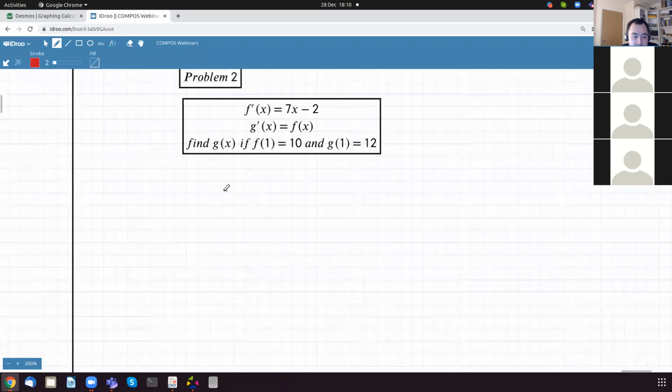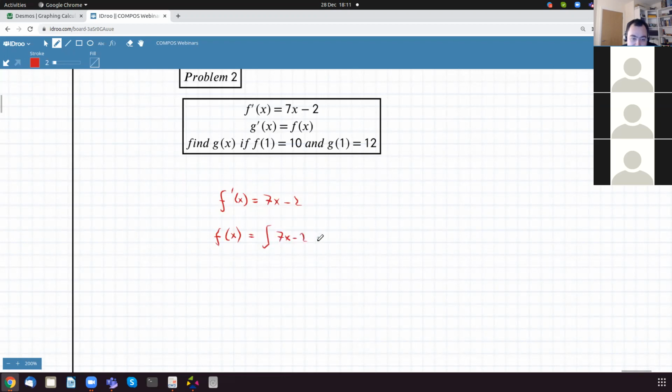If f prime of x is equal to 7x minus 2, that means that f of x is the integral of 7x minus 2 dx. This is a simple integral. It's going to be 7 over 2 x squared minus 2x plus c.